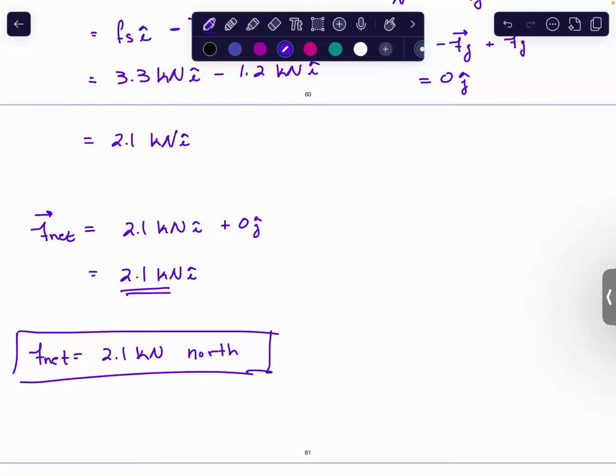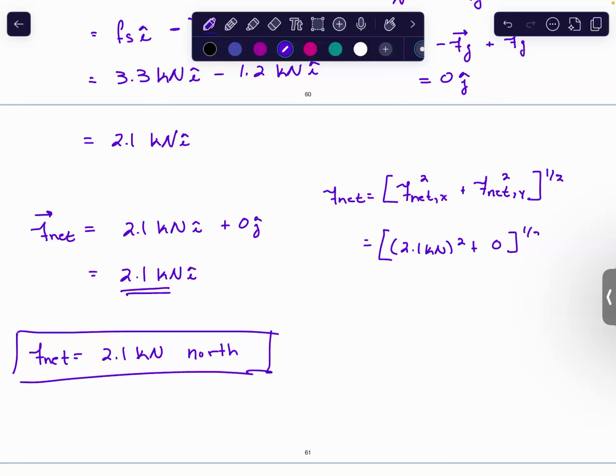Again, if you want to see that magnitude, for this one we would have our 2.1 kilonewtons squared plus 0 squared equals 2.1 kilonewtons.